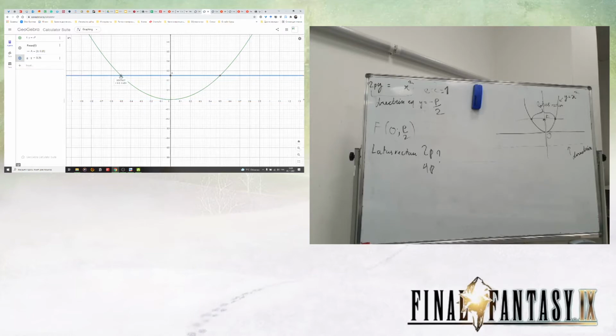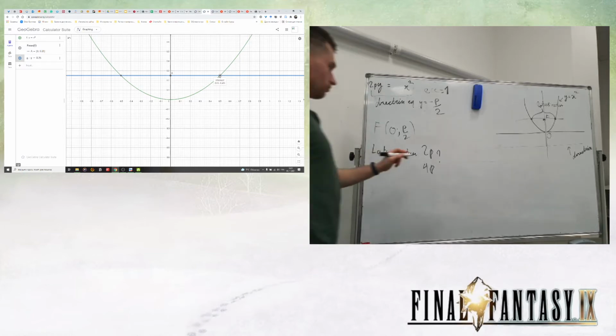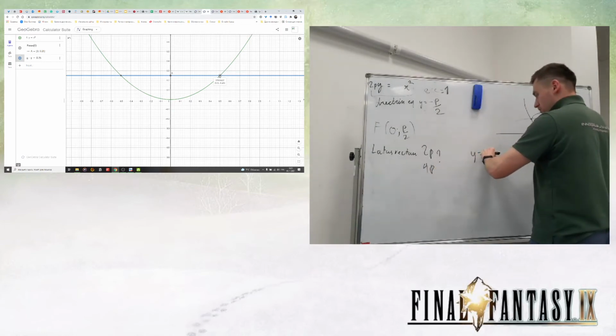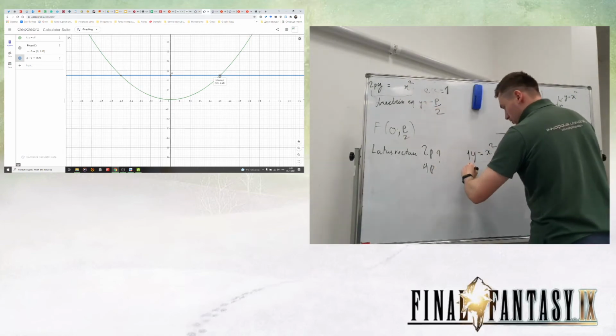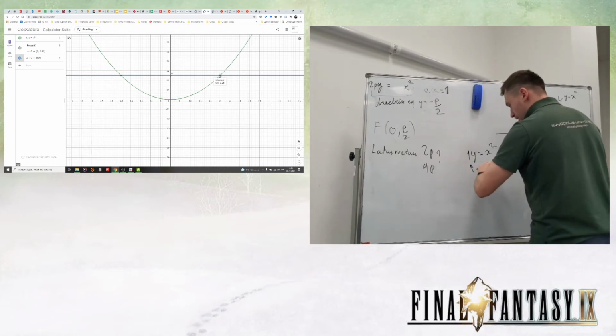So, minus 0.5 plus 0.5. It will be equal to 1, yes? So, according to this, 2p equal to 1. p equal to 0.5.